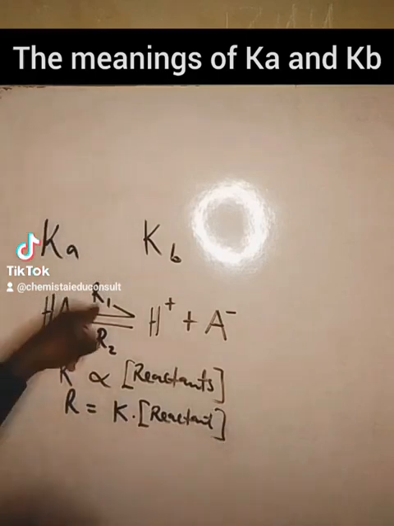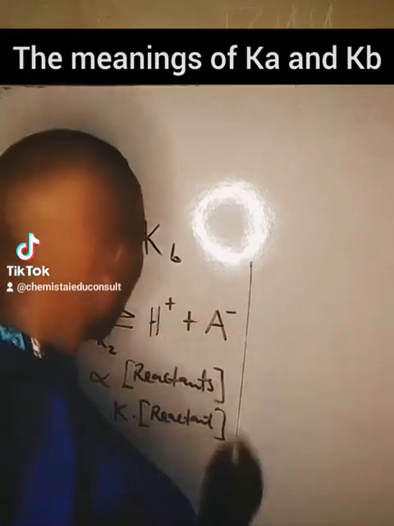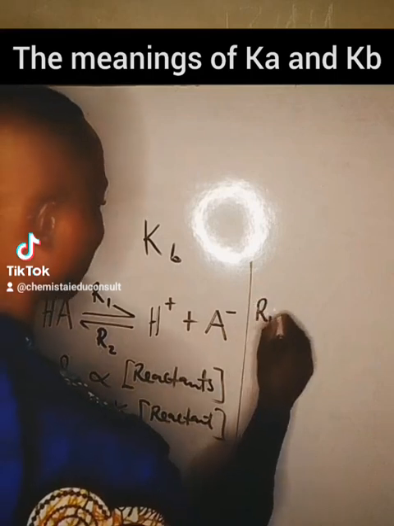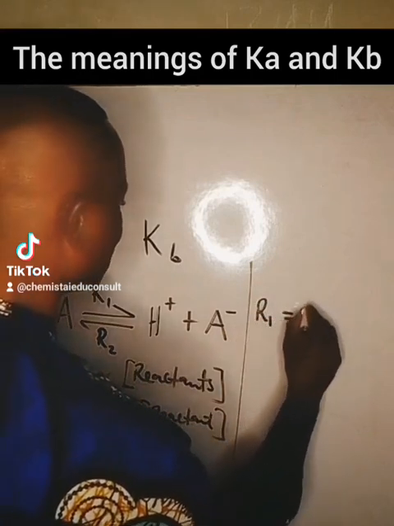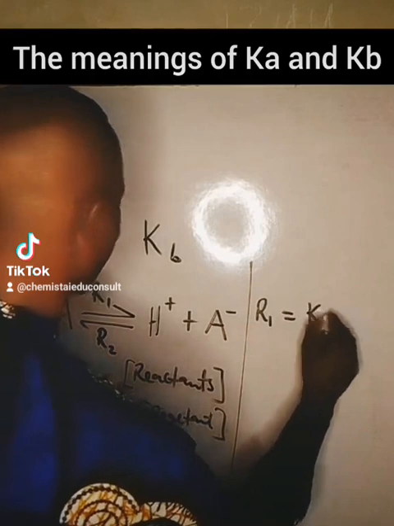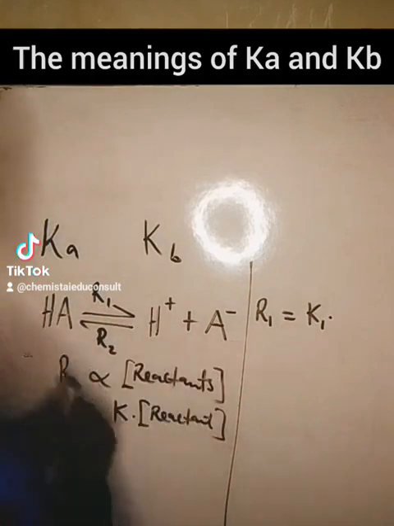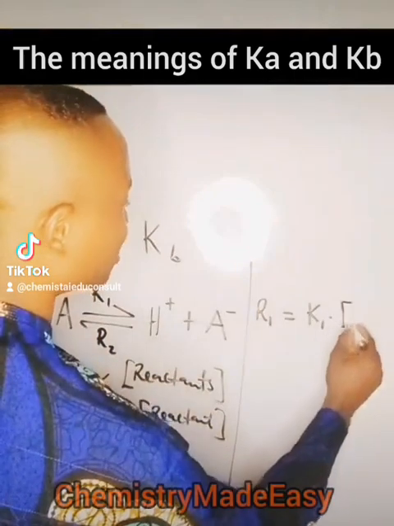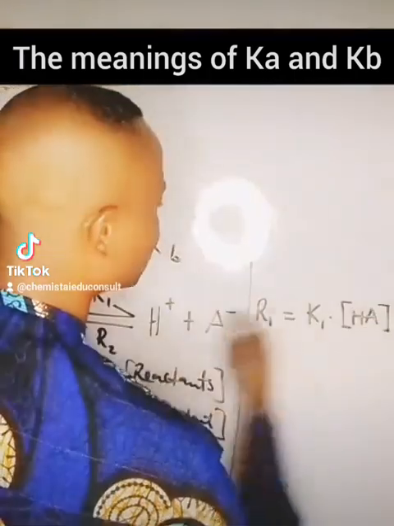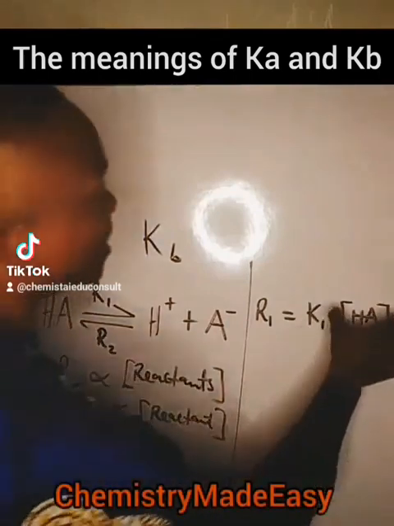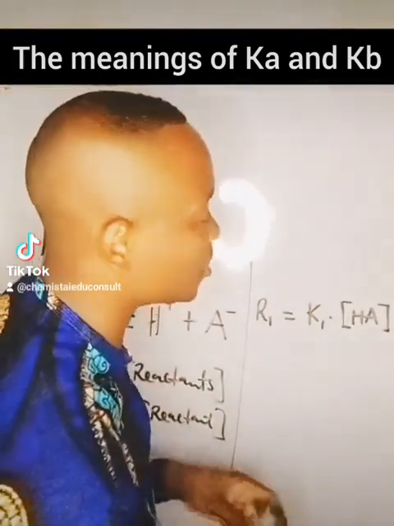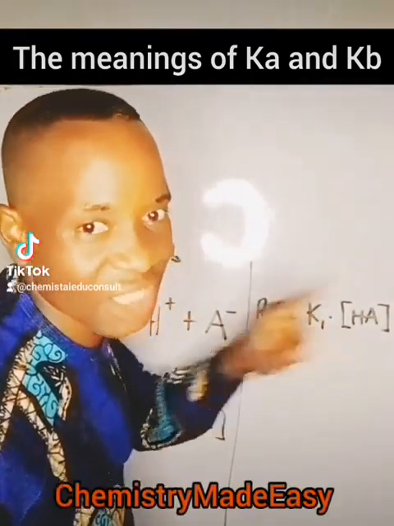Now, for forward reaction, R1 is equal to K1 times the reactant of the forward reaction, which is HA. So the active mass of HA is HA enclosed in this bracket. This bracket entails the concentration of HA, the acid.